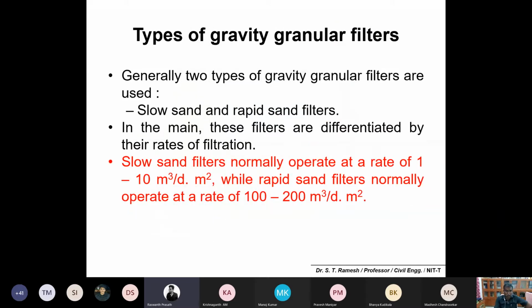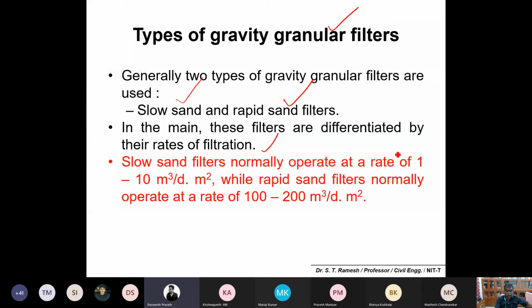Here is the classification of gravity granular filters based on the operational flow rate. You can classify them into slow sand filters and rapid sand filters.